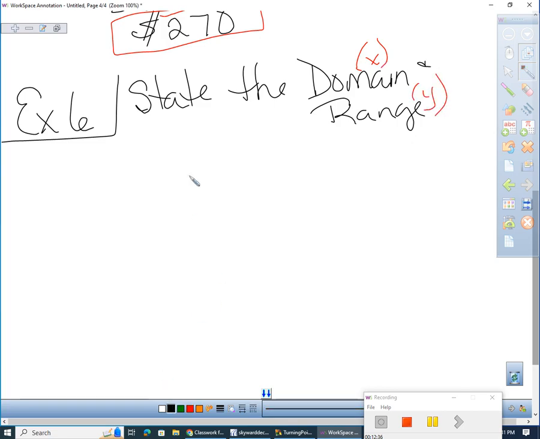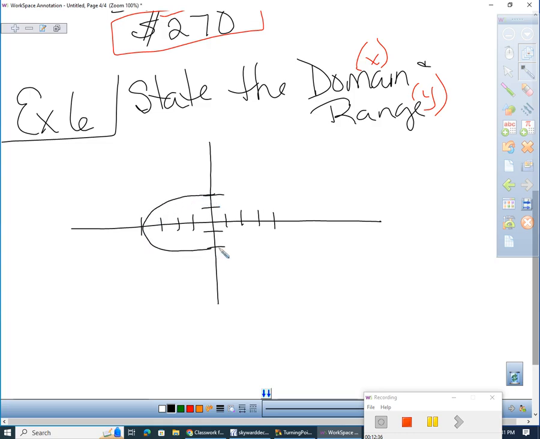All right. And maybe on our graph, let's say we have an oval. We're going to pretend this looks like a really good oval, you guys, okay? Kind of looks like an oval.